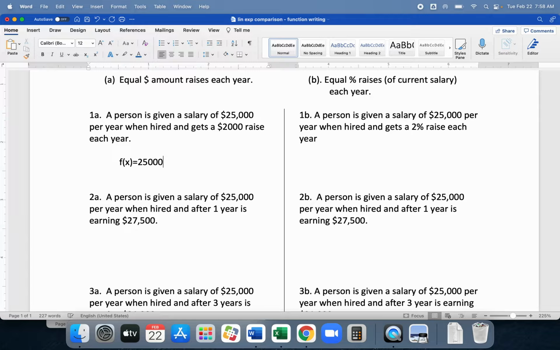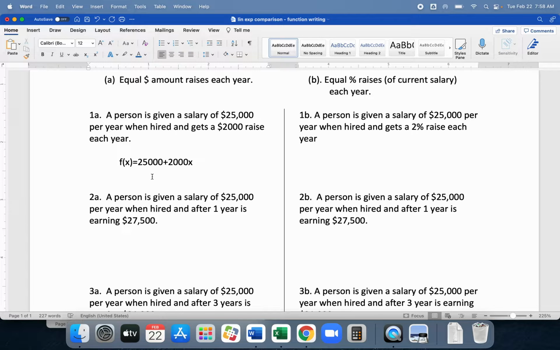Start at 25,000 and add 2,000 per year for x years, right? Now we're probably only interested in whole number values of x, not like 2.82 years, because you're not getting raises in the middle of the year. But regardless, we could use this function's output values for whole numbers of x to represent your salary after having been at the job for x years.